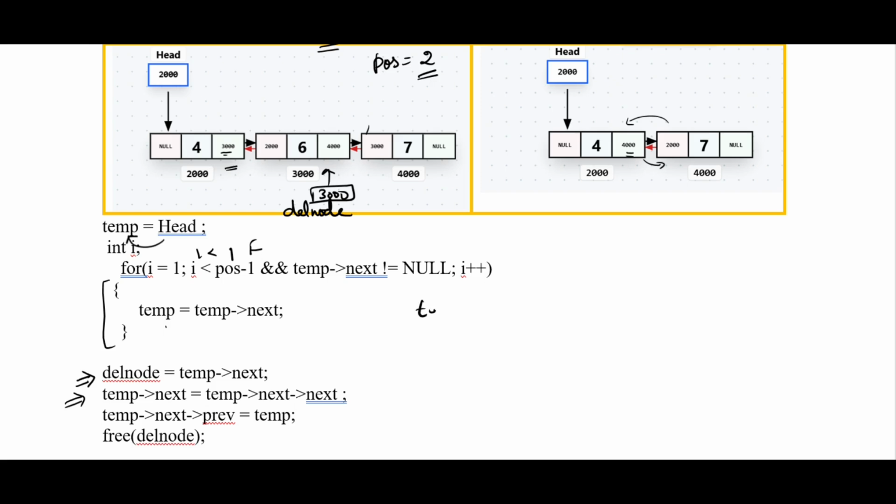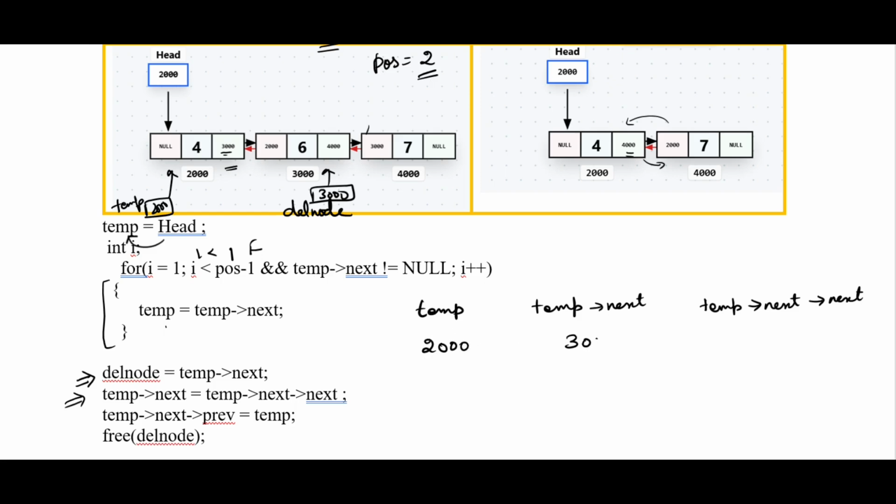I will write here for your convenience: temp, temp of next, temp of next. As per the case, first I have to write temp equal to head, which is 2000. Now temp is 2000.